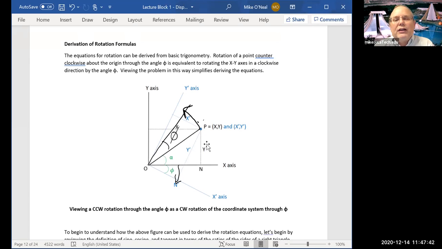So one way of looking at things is rather than rotating the point counterclockwise by phi, you can rotate the reference system by phi. And that's what we're doing here. We're rotating the reference system by the angle phi. And here you can see phi, here you can see our little angle.